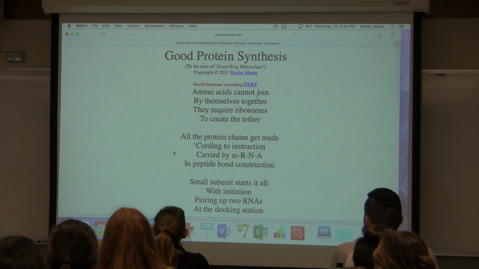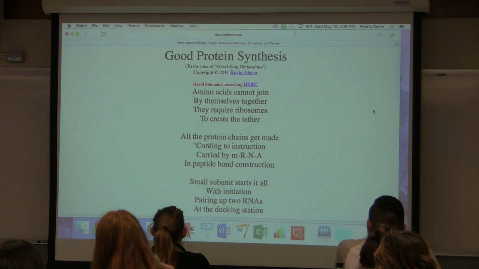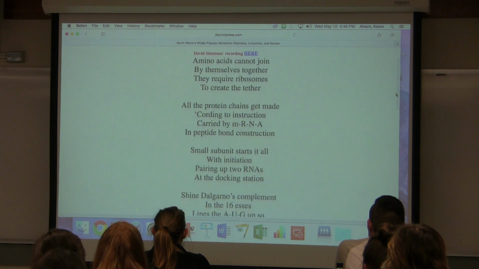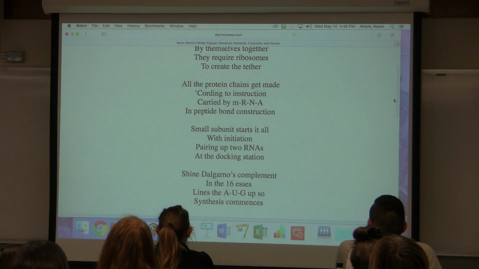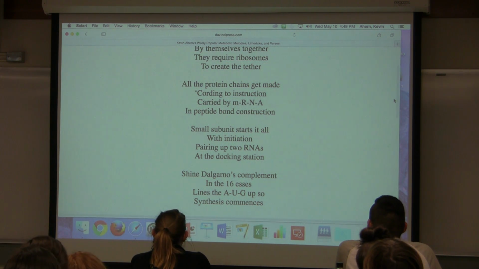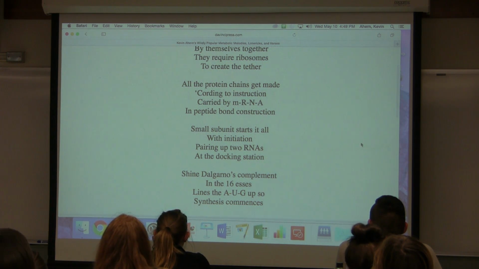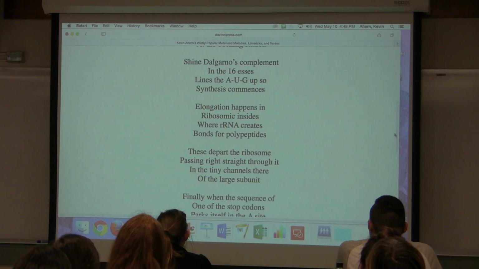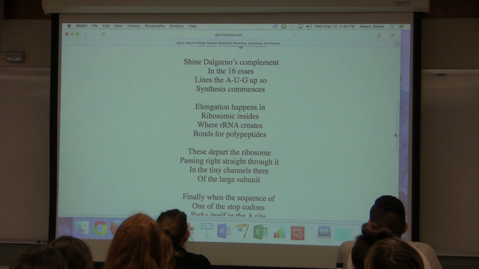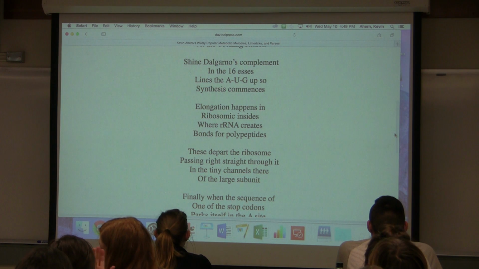Amino acids cannot join by themselves together. They require ribosomes to create the tether. All the protein chains get made according to instruction, carried by an mRNA in peptide bond construction. I screwed that up, didn't I? Small subunit starts it all with initiation, pairing up to RNAs at the docking station. Shine-Dalgarno complement in the 16S lines the AUG up so synthesis commences.